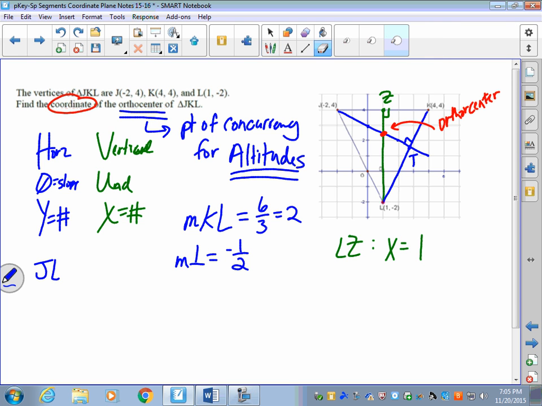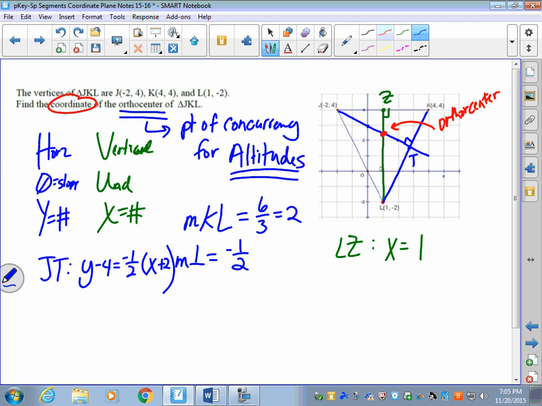JT has the equation, point slope form, that's all I need. We're going to do y minus 4 is equal to the perpendicular slope, which is our -1/2, parentheses x plus 2. Oh, I almost ran out of room. And we're going to take it from point slope form to slope intercept form.